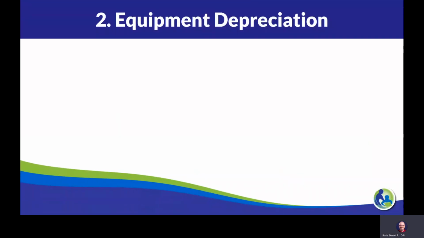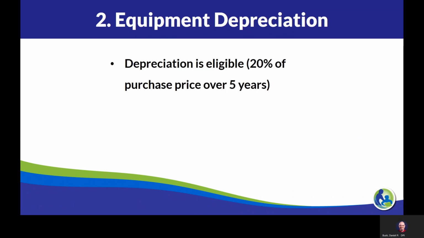The second section of the claim form is to enter equipment for the purpose of determining depreciation. This is a change from the way high cost was formerly administered. Equipment costs are not claimed fully in the year they are purchased.